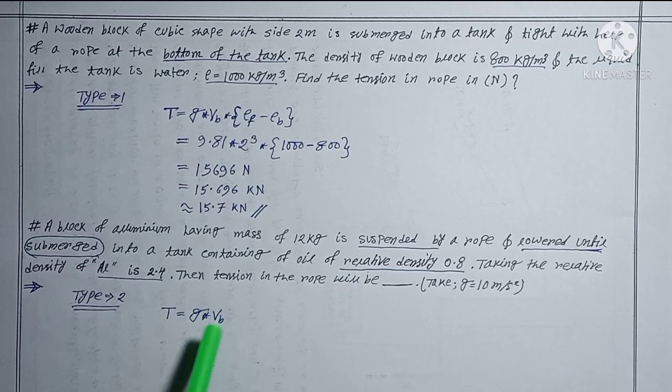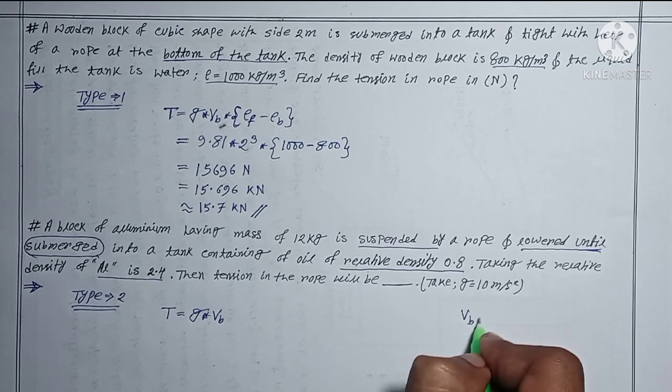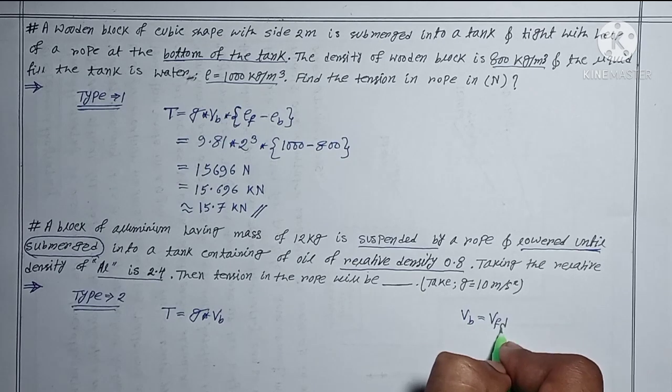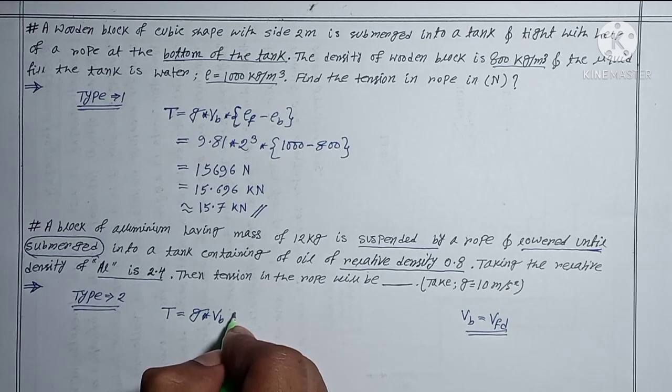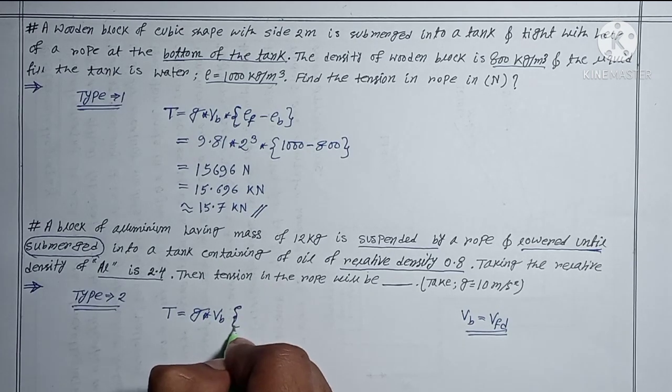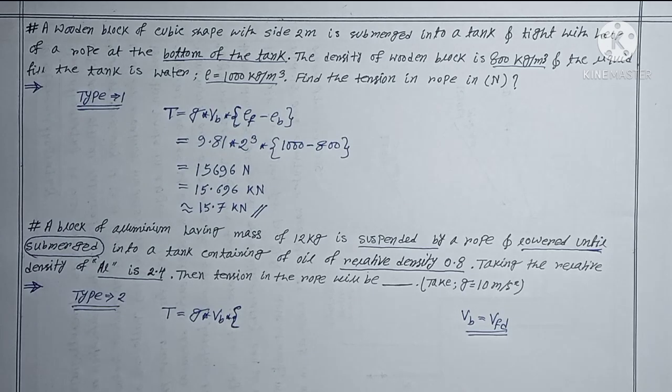So carefully, you can take the volume of the body common one and only when the body is totally submerged. In this case, the volume of the body is equal to the volume of the fluid displaced, and in this case you can take the volume of the body common. Now we have to subtract the lesser density from the greater one.